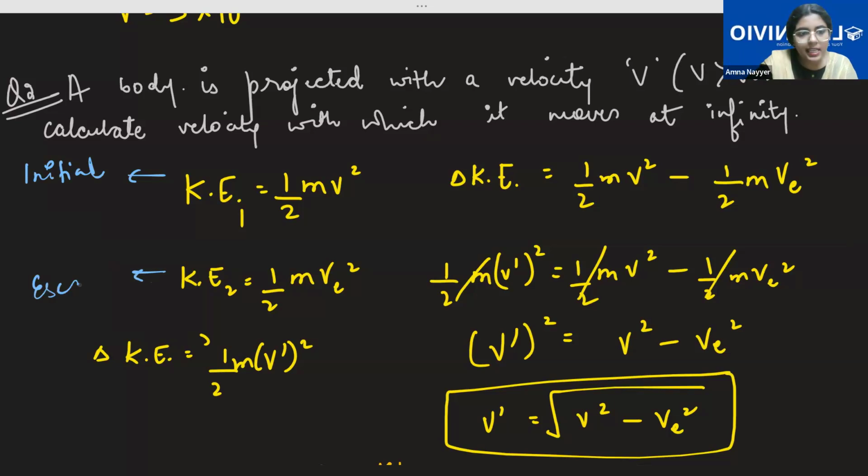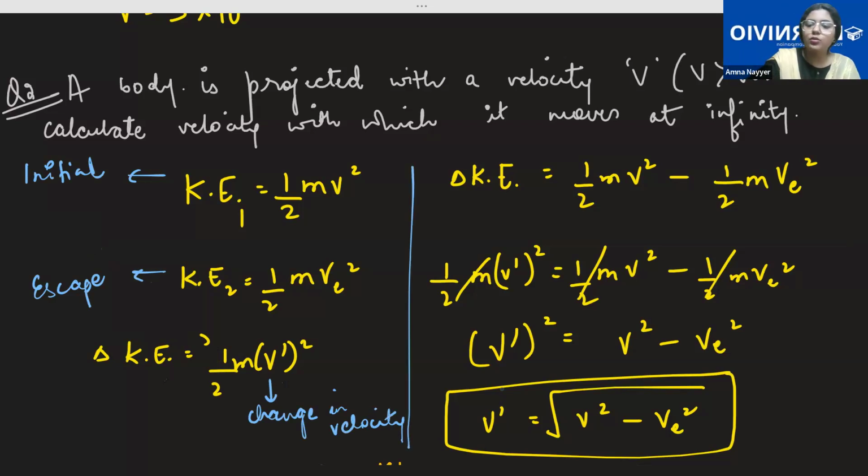This will be the escape velocity that will remain as the final velocity. This is the change that is coming. So we put it in the equations. We get V dash as under root v square minus v_e square. Clear?